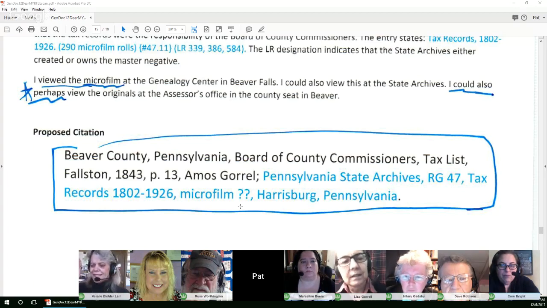Okay. And Valerie? I'm sitting here biting at the bit. If this is your first reference note, the RG should be record group 47, and then in parentheses or square brackets put RG, because that's the first time you're using the initialism. So, yes.